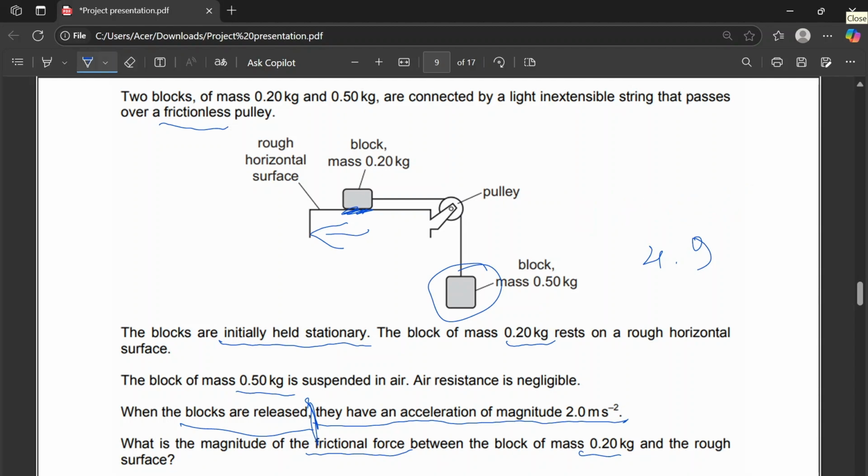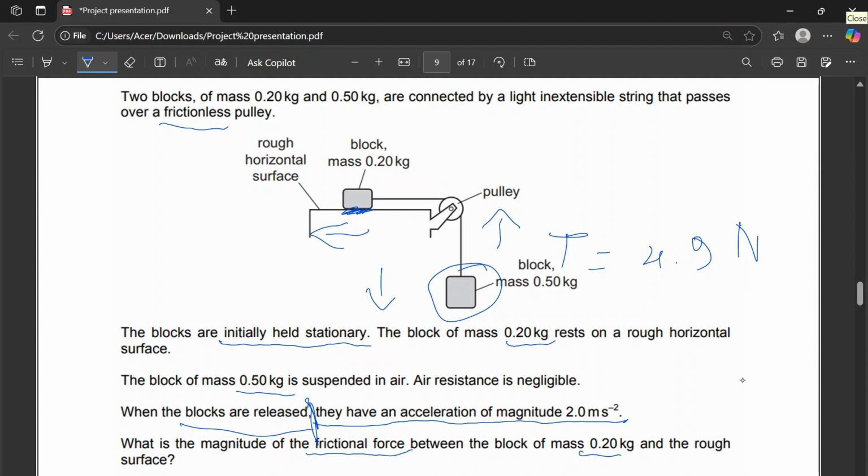Also, this force is acting in this direction. So the tension that is acting in the opposite direction should be the same as this one. So we found out that the tension acting in the opposite direction of the weight is 4.9 Newton.